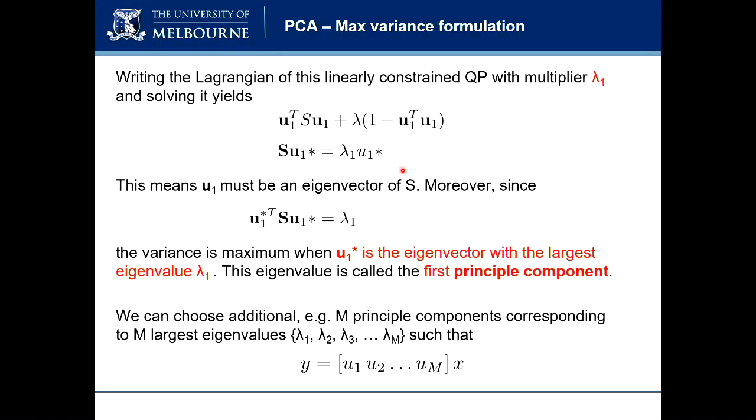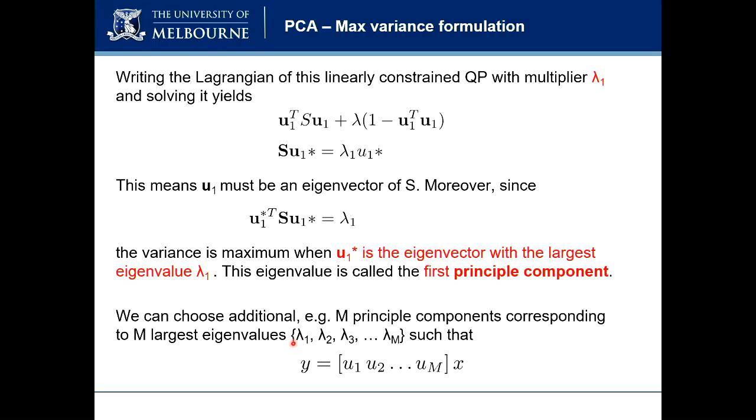So because it is an eigenvector, u1 star is the eigenvector corresponding to the largest eigenvalue of the covariance matrix, right? Therefore, this is called the first principal component. And if we want to project to 2 dimensions, m equals 2, we can repeat this process.